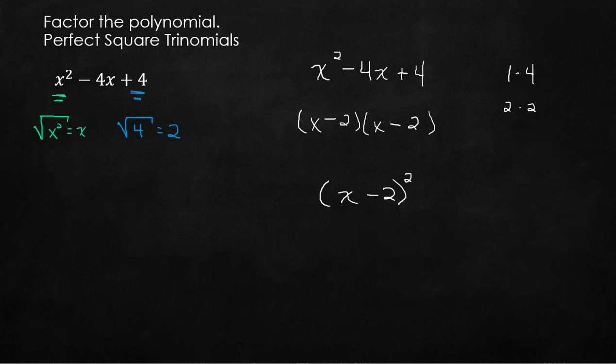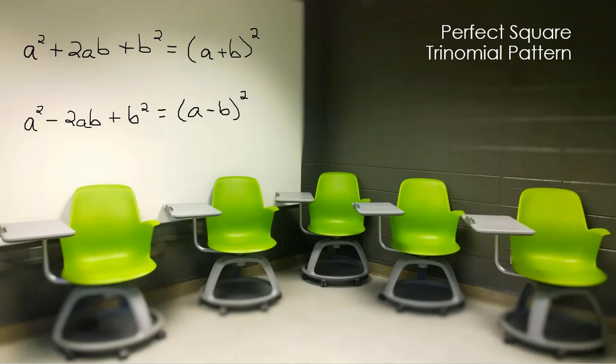If you notice that you've got a squared term, and this middle term happens to be the sum of your middle terms doubled. That's what in the pattern here where we showed the 2ab, that's what that means.